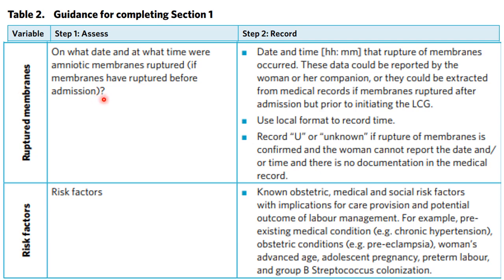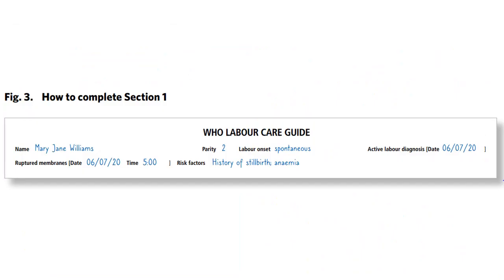The date and the time when the membranes were ruptured must be documented, and if the patient does not know the date or the time when this occurred, then you write down U, which means unknown. And important risk factors are written down to make sure the providers are reminded of the patient's special needs.